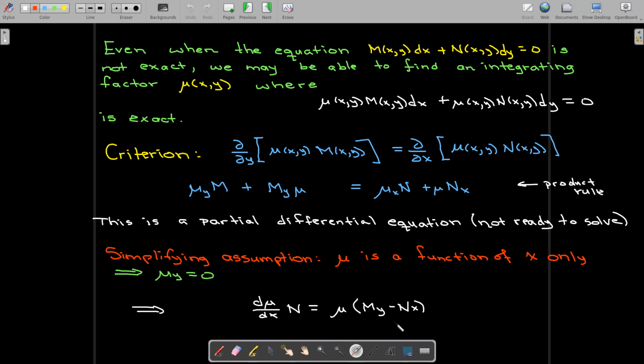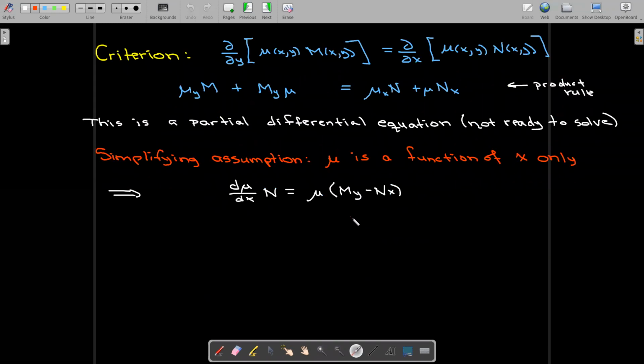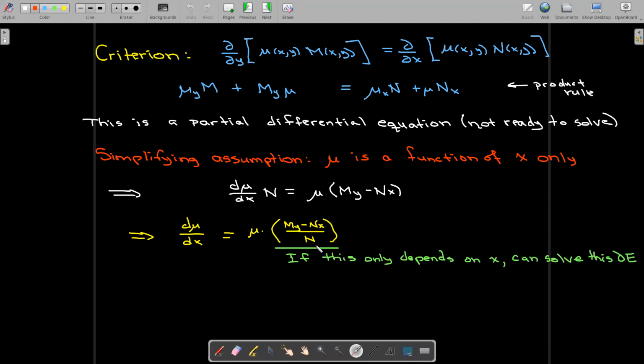Now, we still have to be careful here. In order to solve this ordinary differential equation using the techniques that we know, we are going to have to assume, okay, first I'll write it in this form, and that this term in parentheses, the partial of M with respect to y, minus the partial of N with respect to x, all over N. We need to have that quotient depend on x only, or it could be a constant.